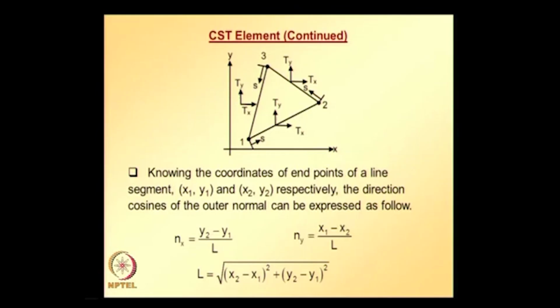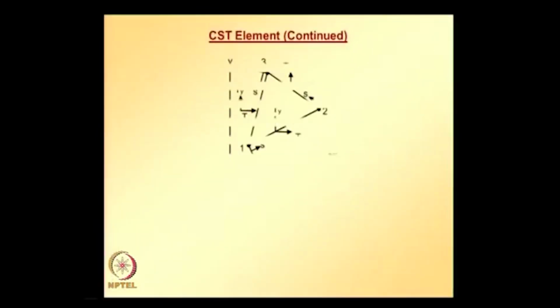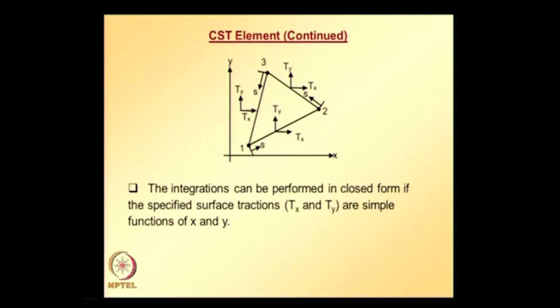So, the simplest case is when Tx, Ty are specified as constant along one or more sides of the element. For illustration purposes, let us take this triangle and assume that uniform pressure is applied along side 1 2.